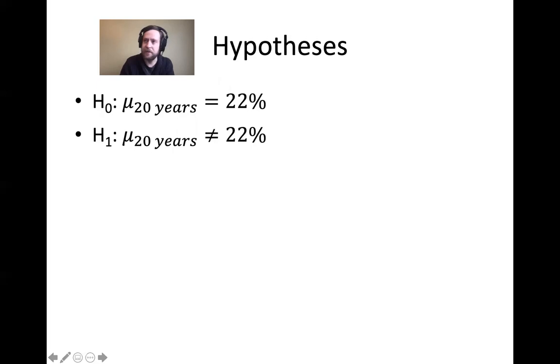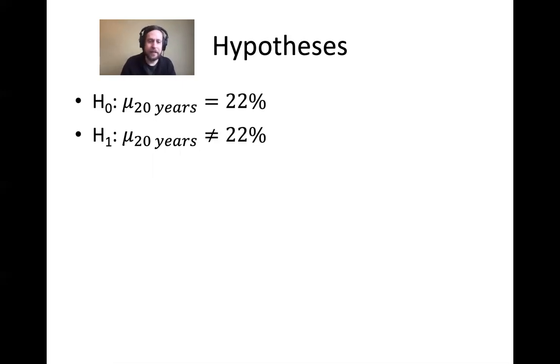Null hypothesis: there's no difference. The research hypothesis is that the amount of women in male-dominated careers for that 20-year sample is different than the population mean of 22%. I'll remind you once again, this implies a two-tailed test because it says does not equal. When something says does not equal, there are two possibilities.